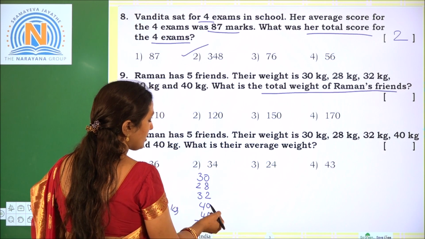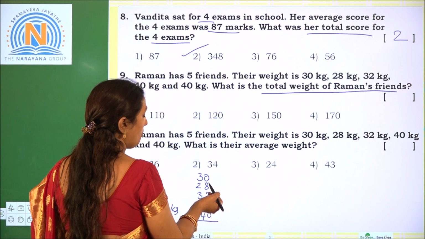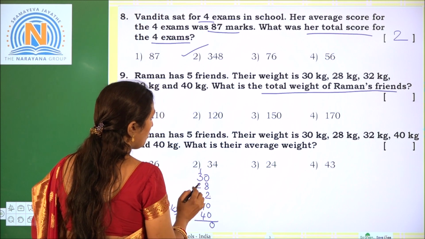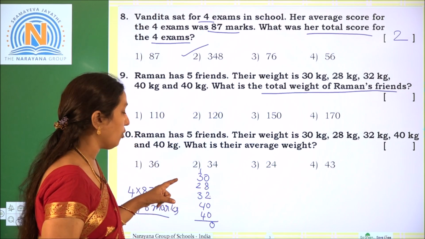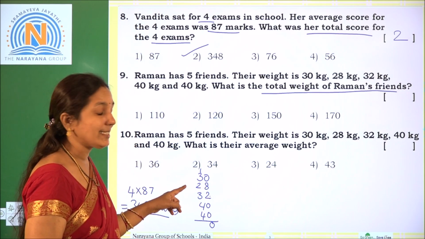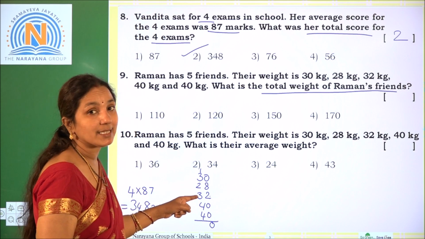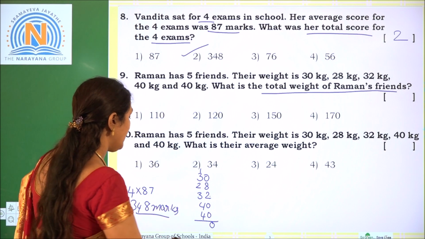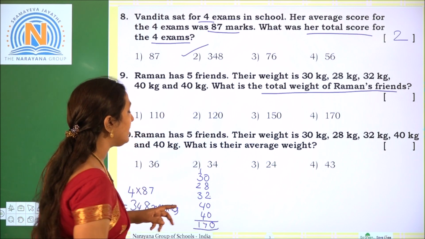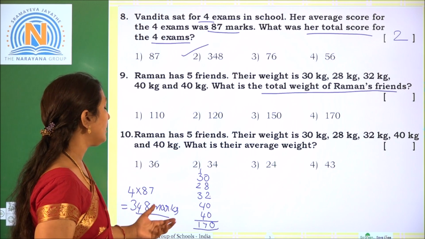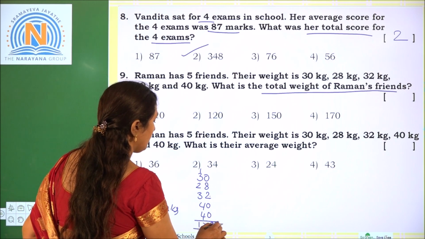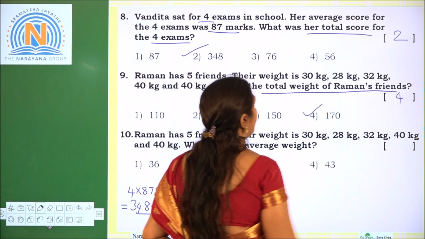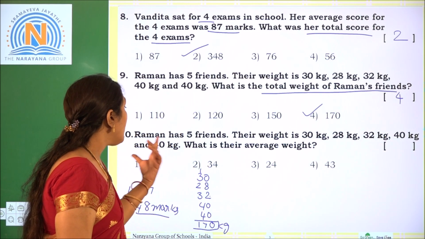Now add 0 plus 0 is 0, plus 2 is 2, plus 8 is 10, 10 plus 0 is 10 only. Now 0 here, 1 we group it. 1 plus 3 is 4, 4 plus 2 is 6, 6 plus 3 is 9, 9 plus 4 is 13, 13 plus 4 is 17. So what is the total weight of Raman's friends? 170 kgs. Which is the correct option? Option 4.